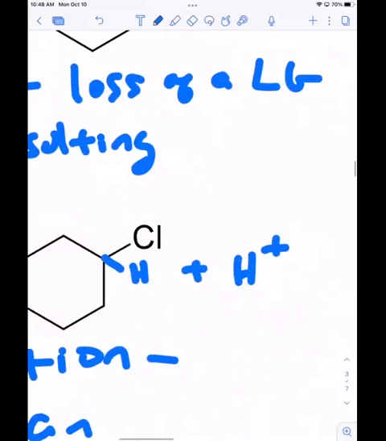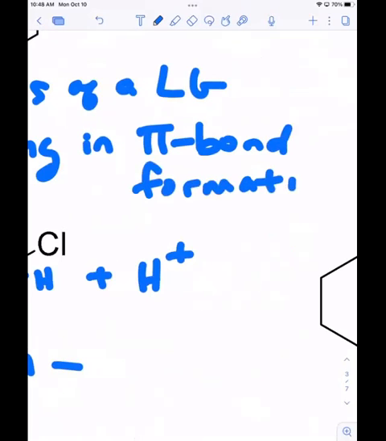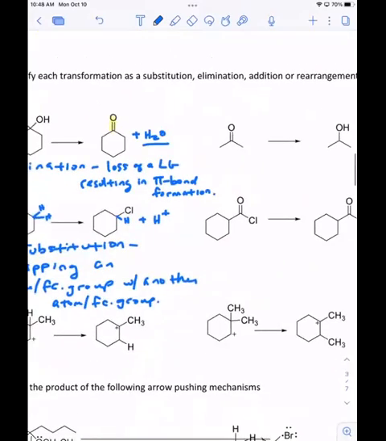Anytime you see a pi bond made in the product, that's always the product of elimination. So it's the loss of a leaving group resulting in the formation of a pi bond. Anytime you make a pi bond in your product, that's elimination.